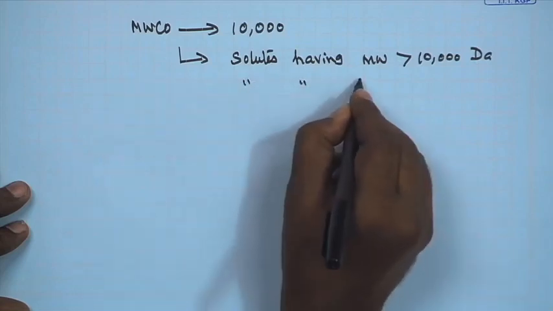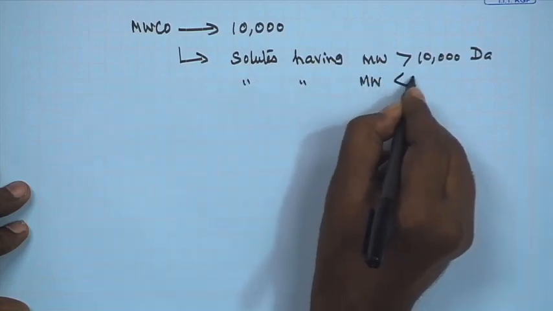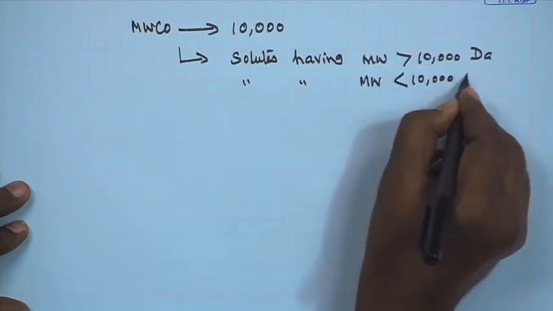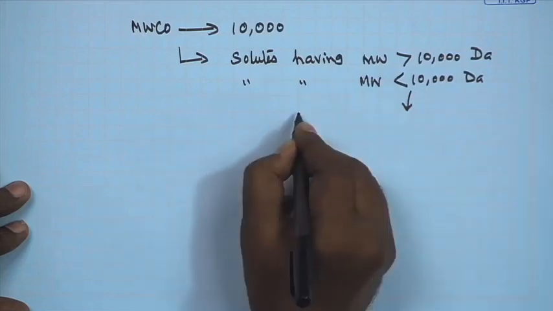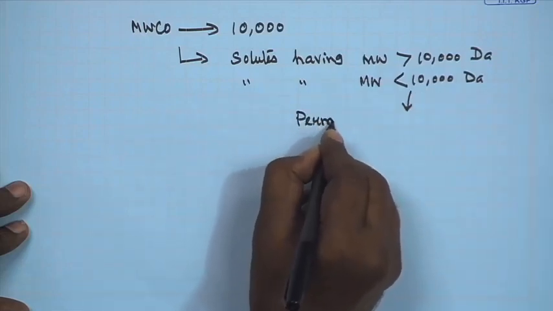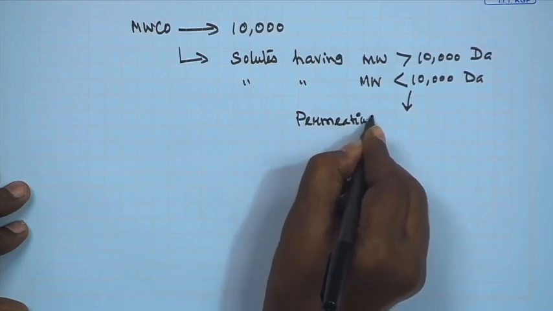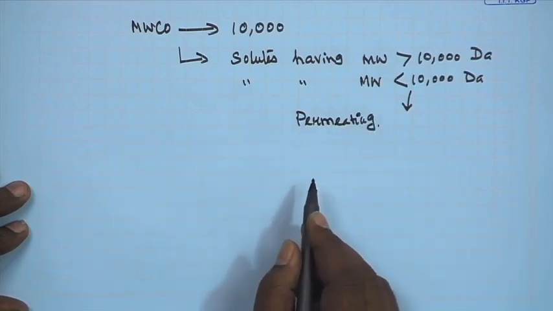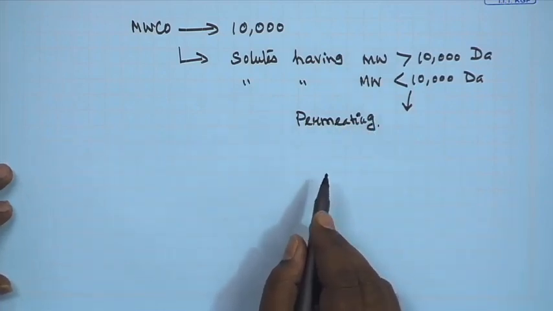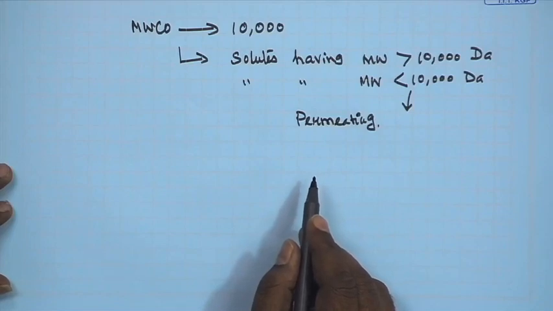Solutes having molecular weight less than 10,000 Dalton will permeate through the membrane. So, a 10,000 cutoff membrane means it will retain solutes having molecular weight more than 10,000, and it will permeate solutes having a molecular weight less than 10,000.